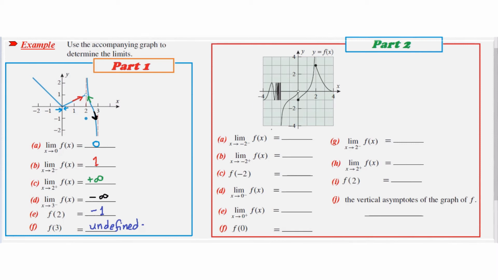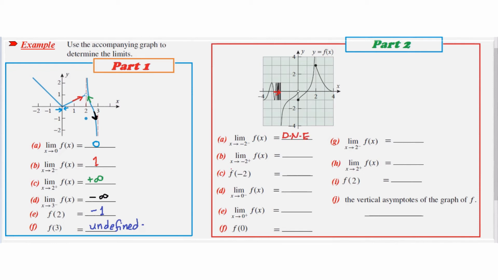We have this graph, and you have to find the answers from A to J. Firstly, the limit of x when x goes to negative 2 from left. This is negative 1, this is negative 2. Negative 2 from left, there is an oscillation, so it does not exist.